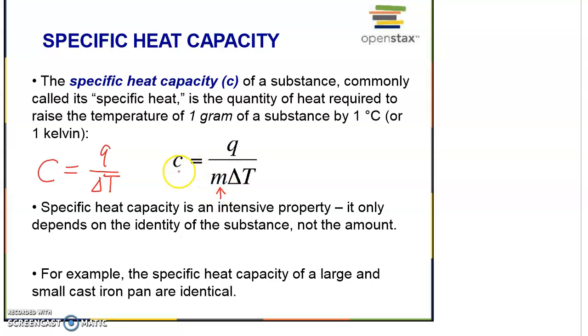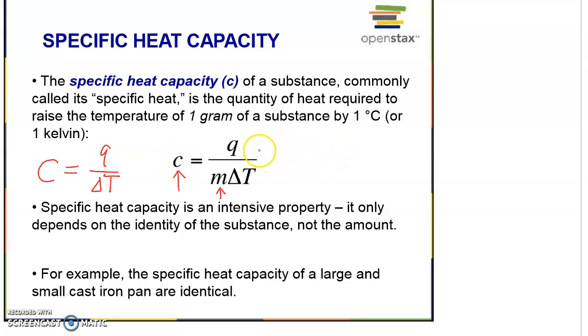So that means specific heat capacity is the heat absorbed in order to increase per gram by 1 degree. Because it is already divided by the m, this quantity is an intensive property.